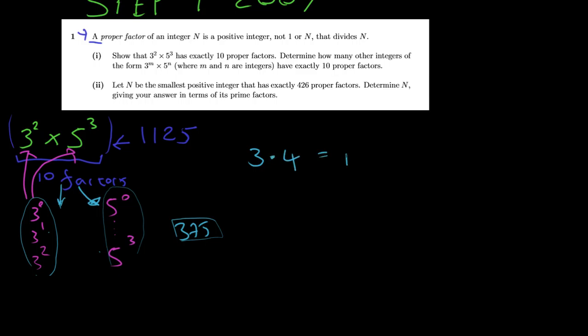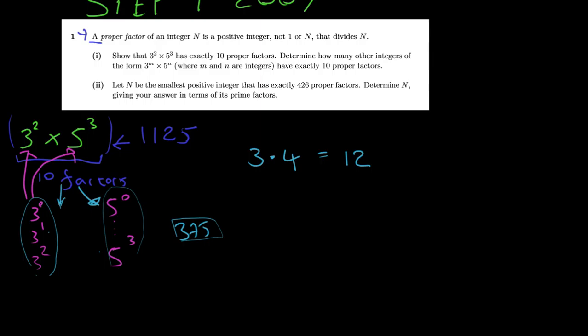There are 12 factors. So there's 3 ways to choose the power of 3 in your factor, and 4 ways to choose the power of 5 in your factor, giving me in total 12 ways.